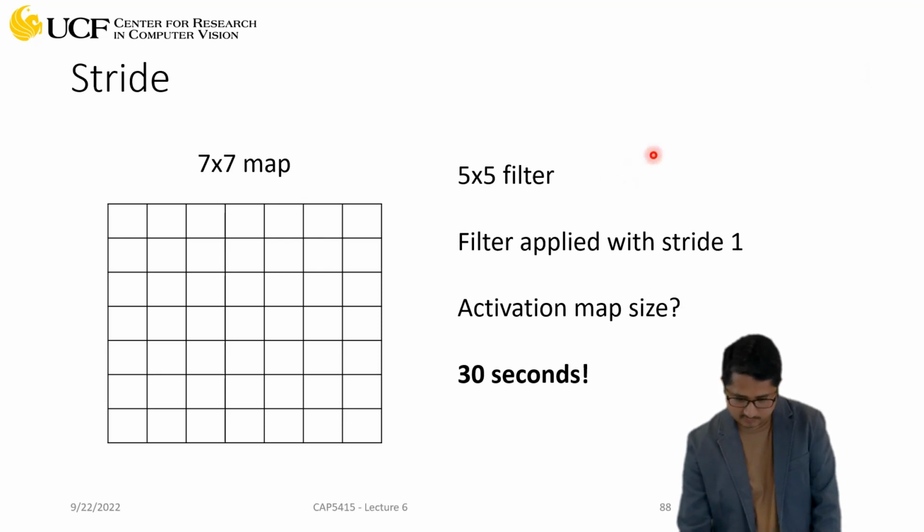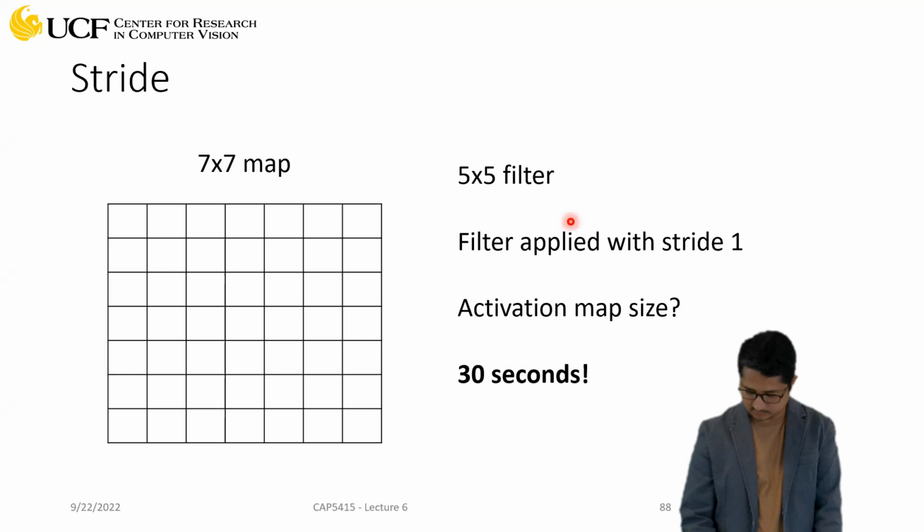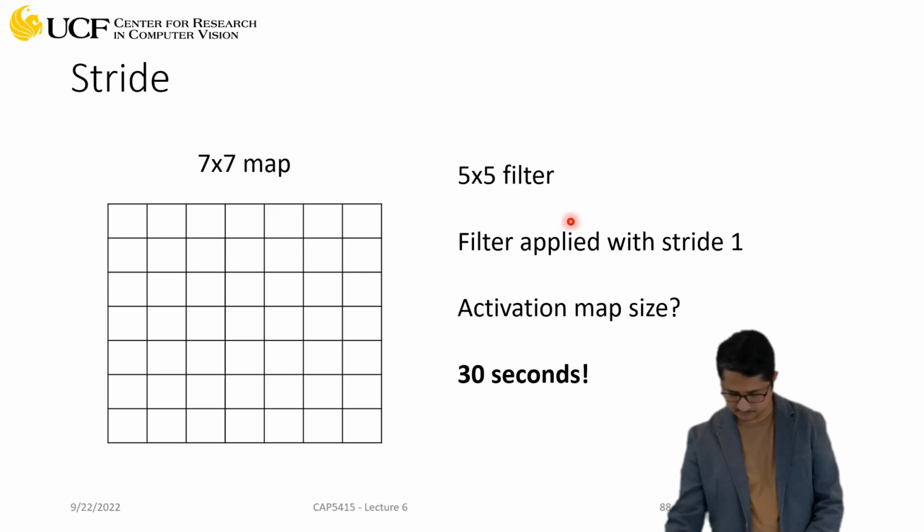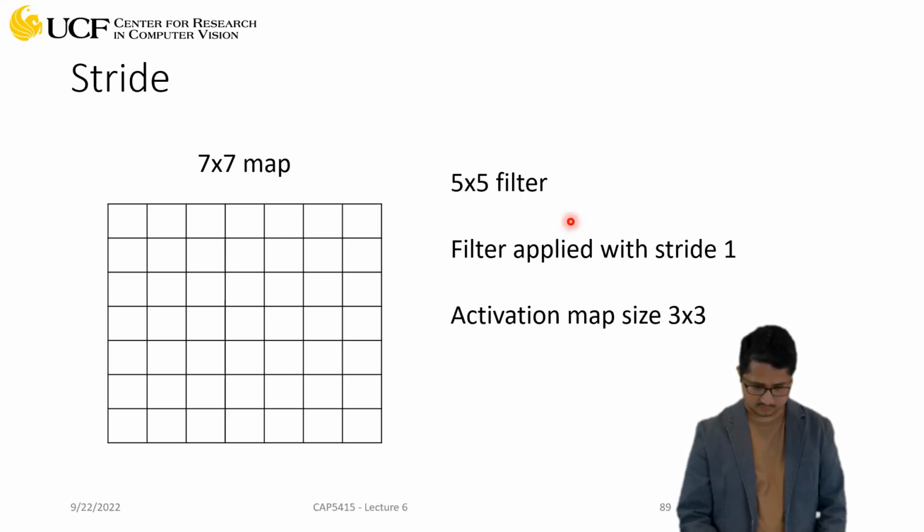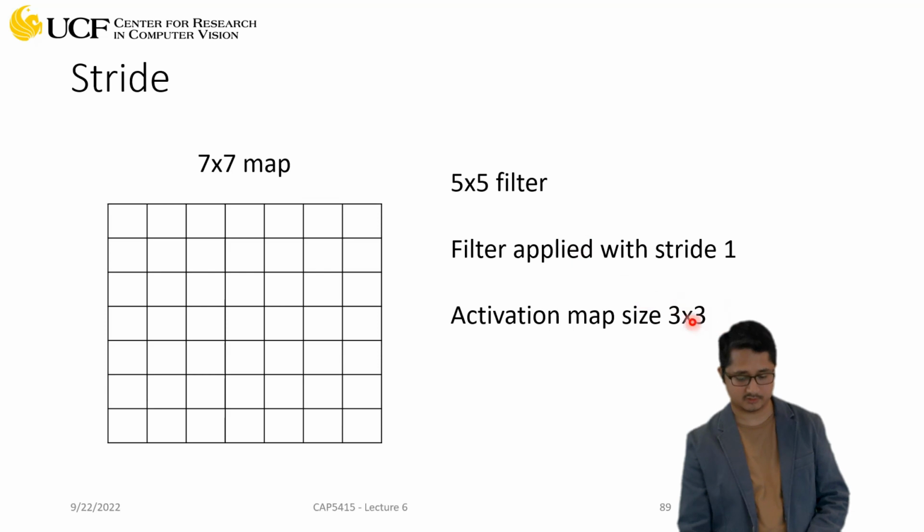So let's quickly go over the solution of this. If we just apply that formula, which we discussed earlier, the activation map size should be 3 cross 3, but you don't actually need the formula for this. If you think about this, if you try to place a 5 cross 5 filter here, so this is going to be the first location, right?